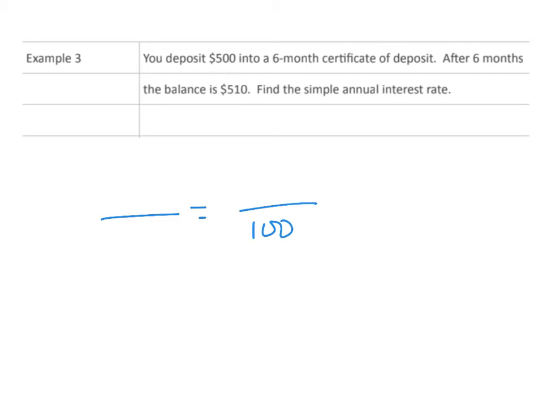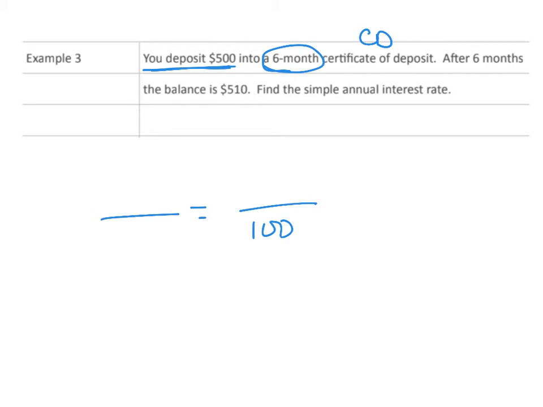Set up our proportion. You deposit $500 into a 6-month certificate of deposit. We call these CDs. Basically what a CD is, you put it in and then you cannot touch it for 6 months. With a savings account, you can pull your money in and out, but a certificate of deposit, or a CD, you cannot touch it.